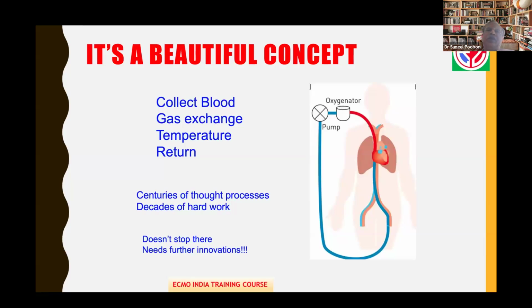Collect blood from the biggest venous reservoir and take it through an oxygenator for gas exchange at the right temperature. And once the oxygen is delivered to the RBC, then return the blood back to the patient. So the gas exchange process is maintained till the lungs take over the function.